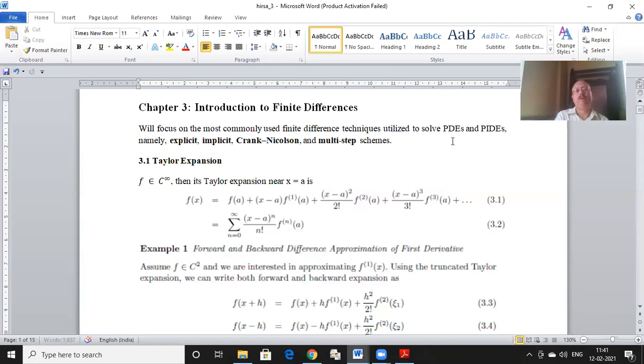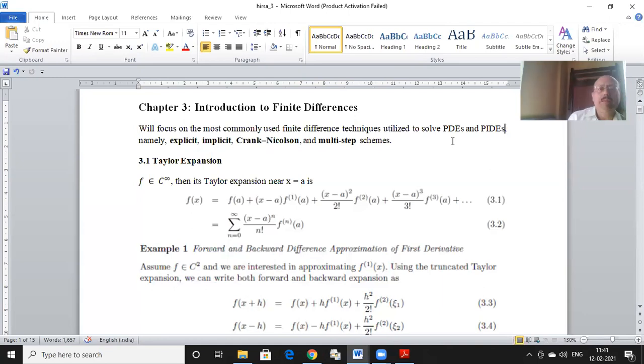PDE for the purely continuous type stock price processes with density, and PID is when there are discrete jumps, discontinuities. We have talked about Levy processes, so we know where these jump models come in. And when you do have jump models, we will not have nice PDEs. Instead, we will actually have integral differential equations.